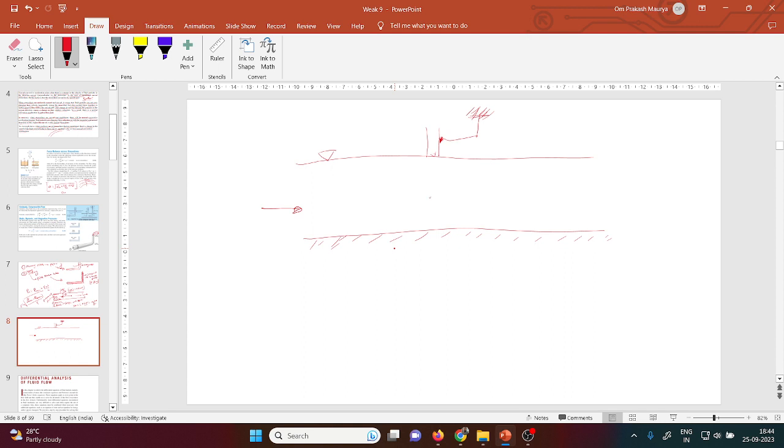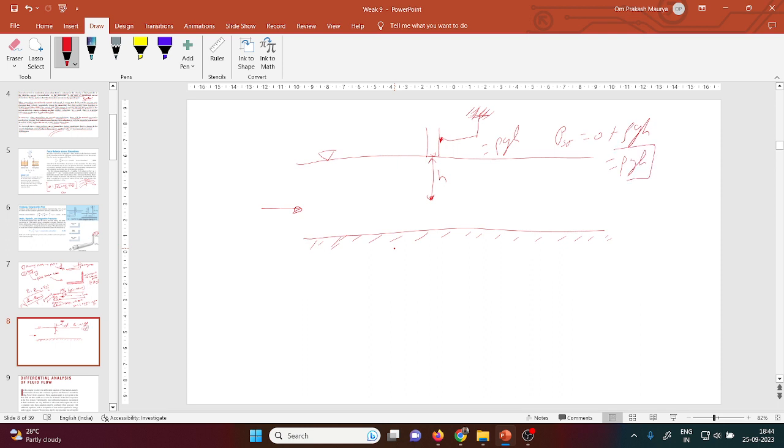But if you want to calculate the pressure here, the same hydrostatic concept applies: if the height is this, then rho g h. So what is the static pressure? There is no height, so 0 plus rho g h. In open channel flow, your static pressure is the same as the hydrostatic pressure.